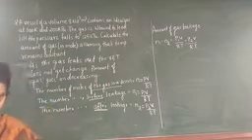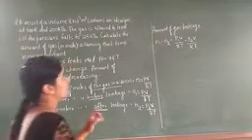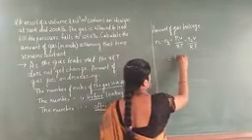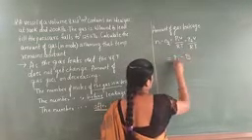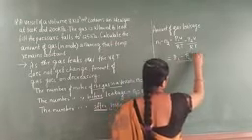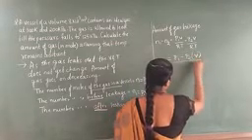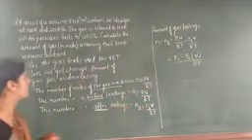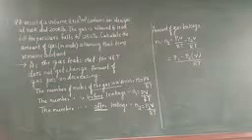This can also be written as P1 minus P2 into V by RT, where V is the common term. Now we just have to put the values.